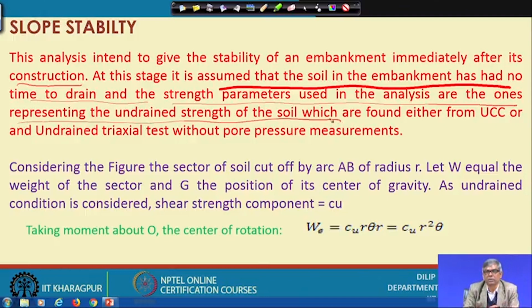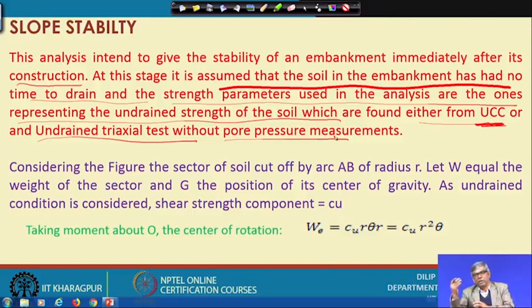Undrained condition means a quick test, CU, based on the CU. That CU can be either from UCC or from an undrained triaxial test. Based on that parameter, immediately after construction there will be some condition, and sufficiently after the construction, the condition will change.